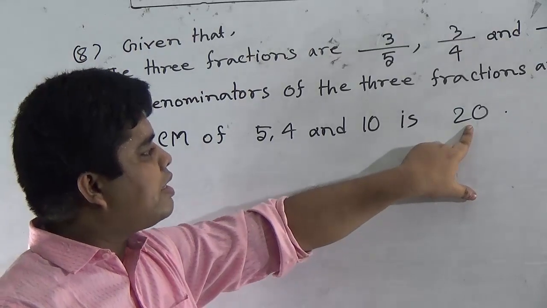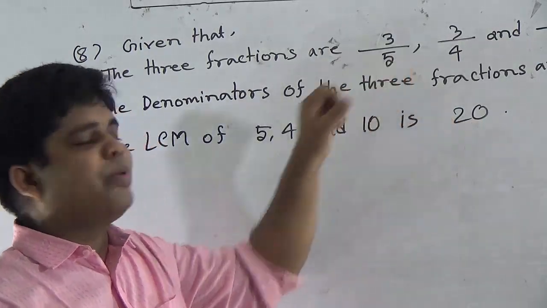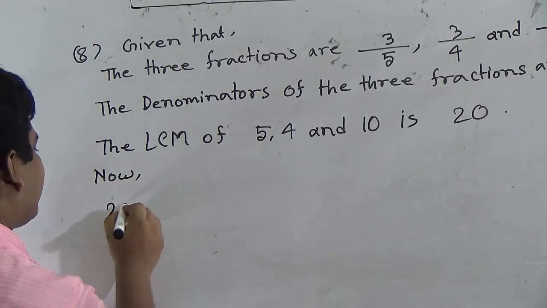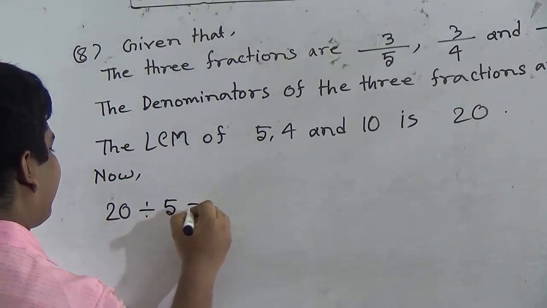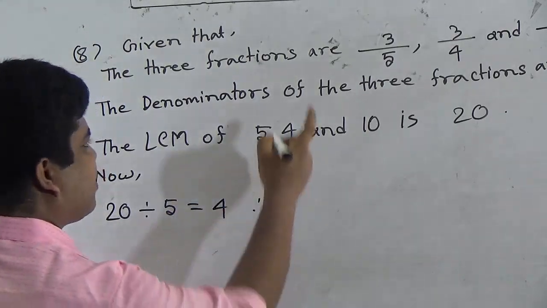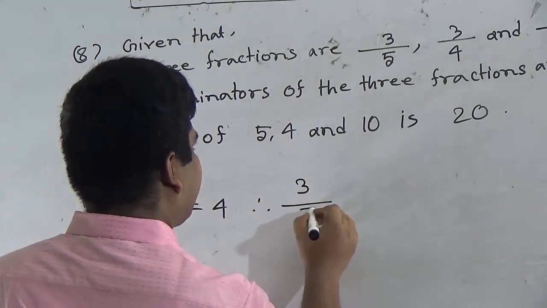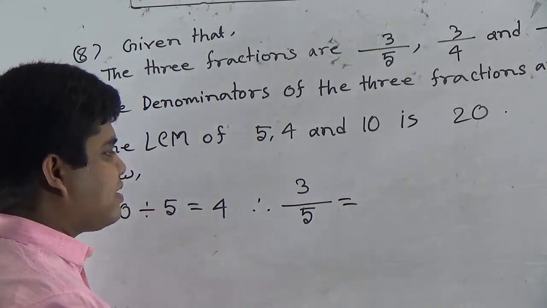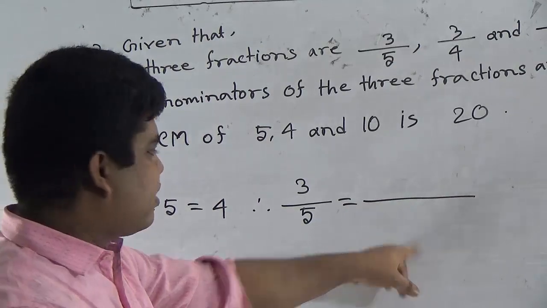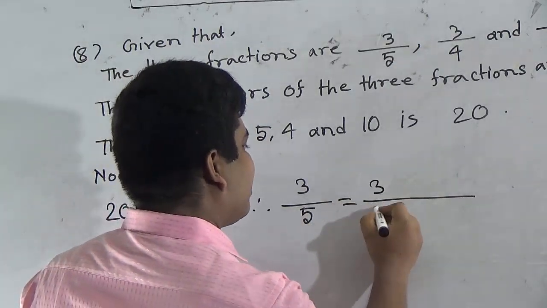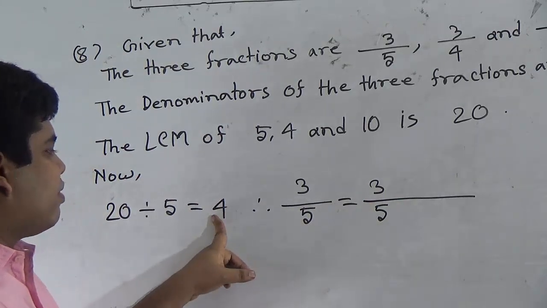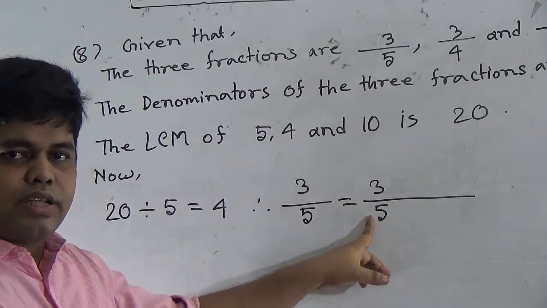Now what can we do? We divide this LCM by the denominator of the first fraction. 20 divided by 5 is 4. After that we write the fraction 3 by 5, then an equal sign, then we write 3 by 5 and multiply both numerator and denominator by 4.